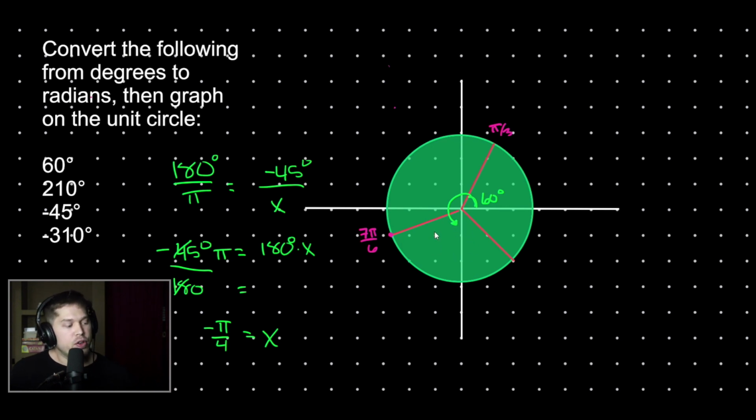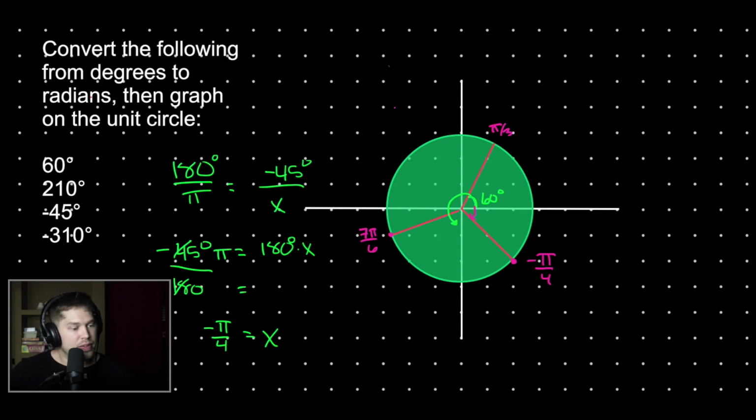However, if you're given a negative degree, then you'll have the same starting location, but you will go in the positive direction. So we would go this way 45 degrees instead. So that's how we can quickly know it will be right here. And we know that this is negative pi over 4 radians.